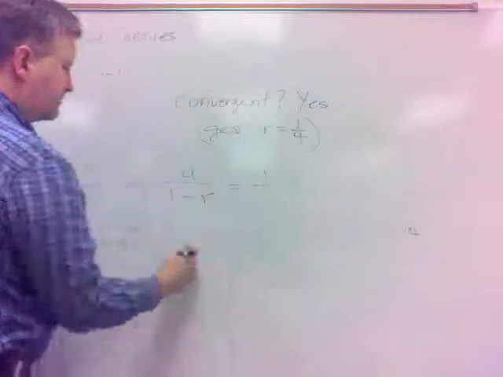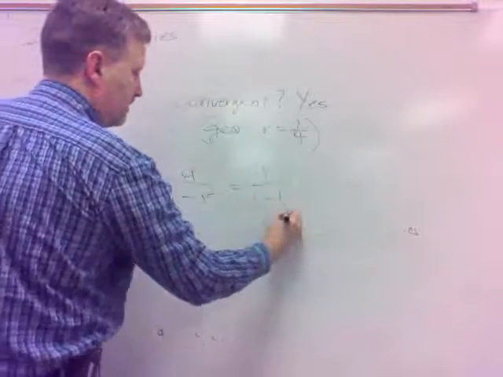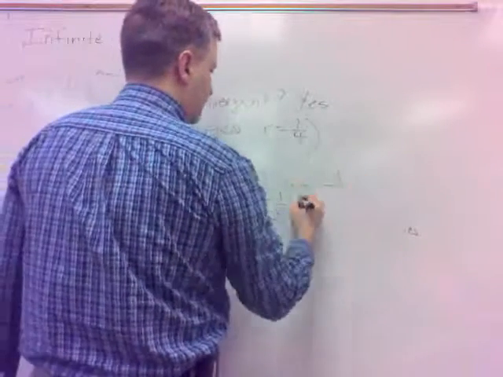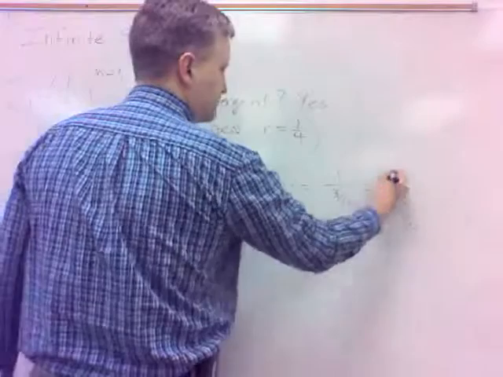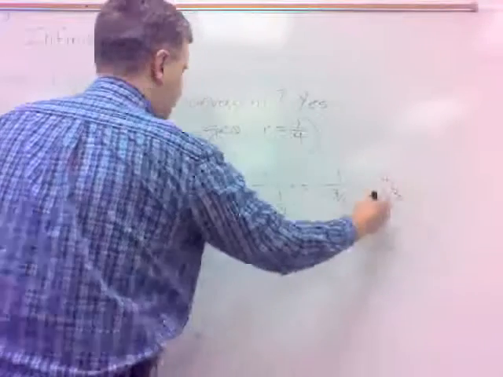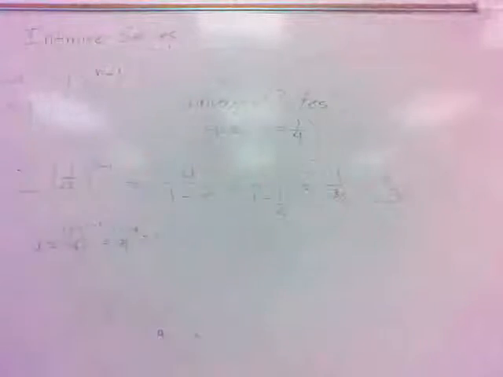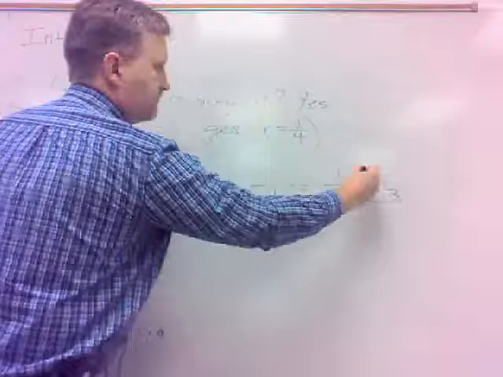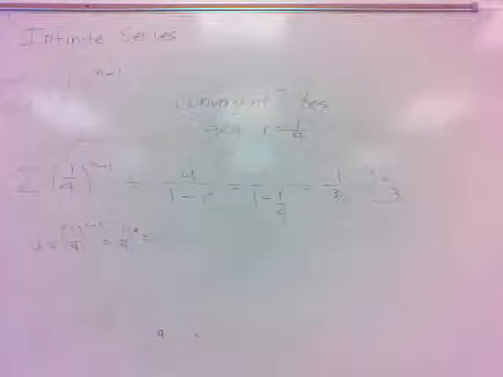So 1 is the first term. R is 1/4. So it's 1 over 3/4, which is 4/3. So this whole entire series converges to 4/3, 1 1/3. Add up all the terms of that infinite series. We can still add up all the terms. Okay.